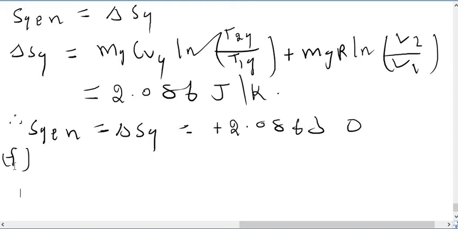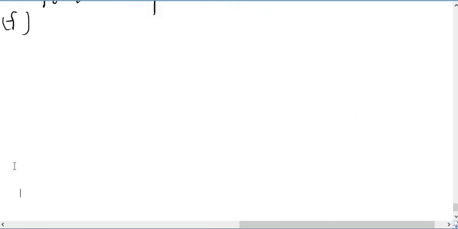Now they ask us to find the state, that is state 3. We settled another state. So now we apply the same procedure we applied in state 2. So now what is our system? Let's take the system.